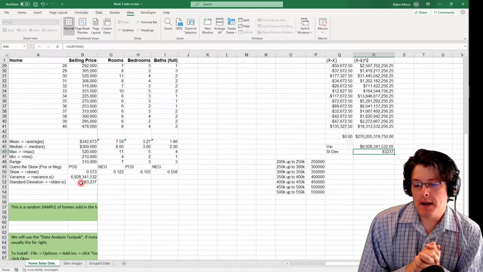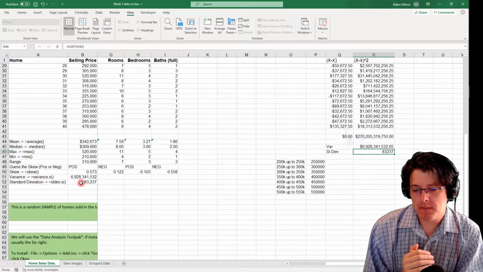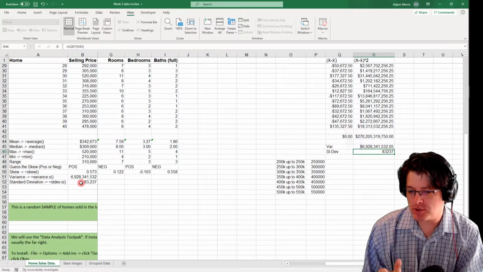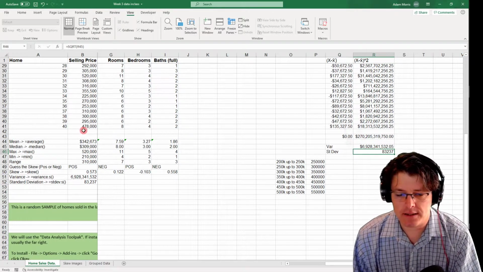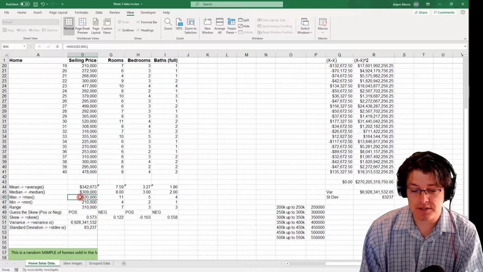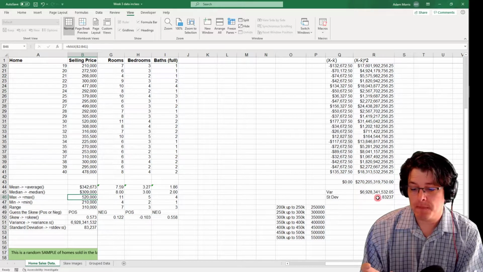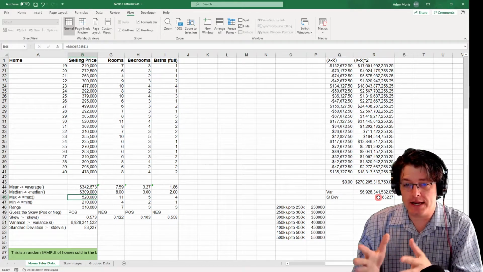Now, again, as we talked about on Monday or Wednesday, the standard deviation is in those units, right? So when we're talking about home sale prices ranging from 210,000 to 520,000, standard deviation is in that kind of area, right? So we're at 83,000.